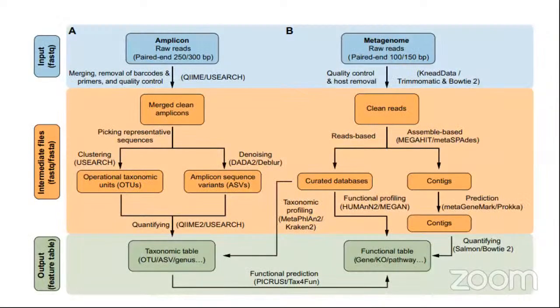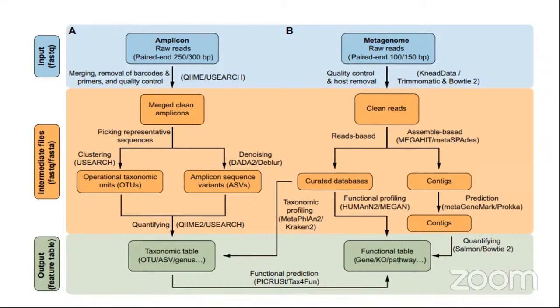This is the general workflow that we follow, and thanks to the bioinformatic tools available, which do this work for us, you need a proper computational lab for that. If you are going for an amplicon-based analysis, you will have paired reads of about 250 or 300 bases.